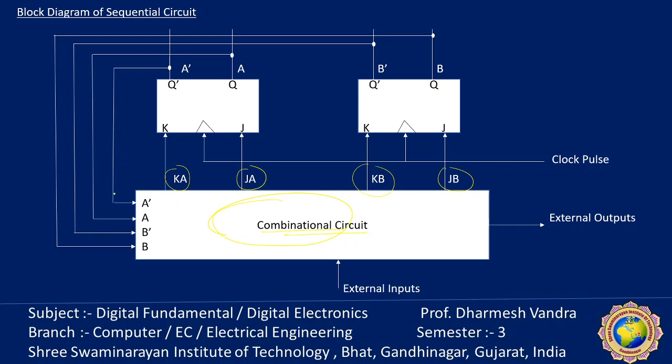The circuit has 4 inputs A, A dash, B, B dash, because every flip flop has an output and the complement of the output is easily available. And the external input is X. So the combinational circuit has 5 inputs. How many? 5. These 4 and this 1. So 4 plus 1, 5 inputs.